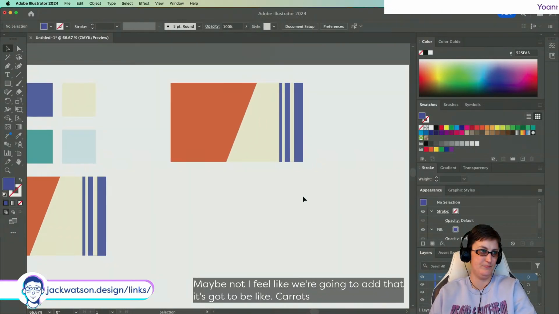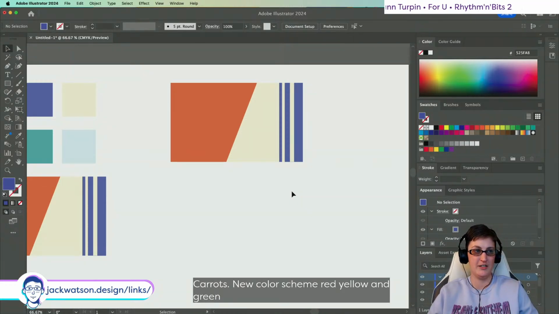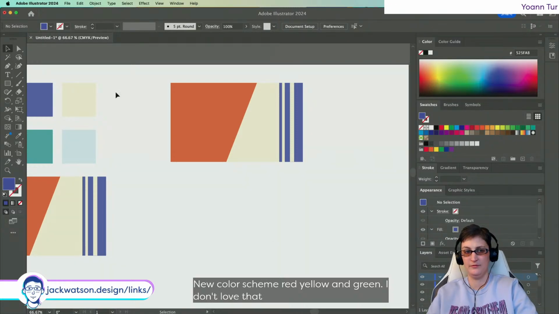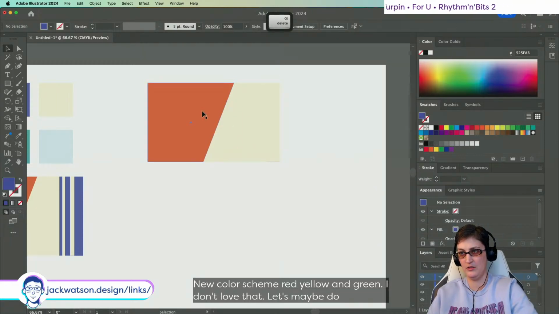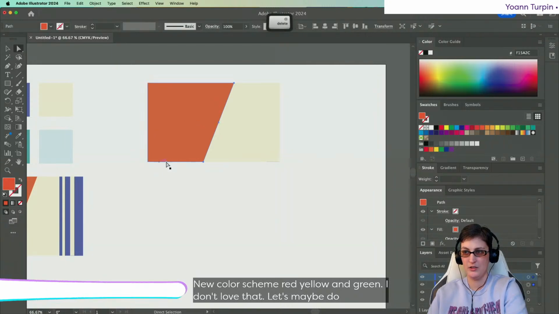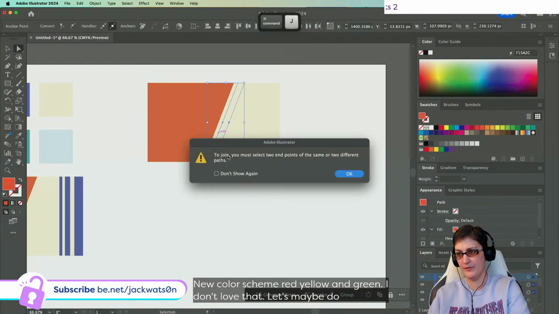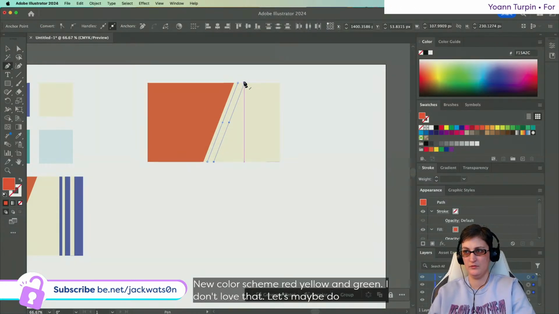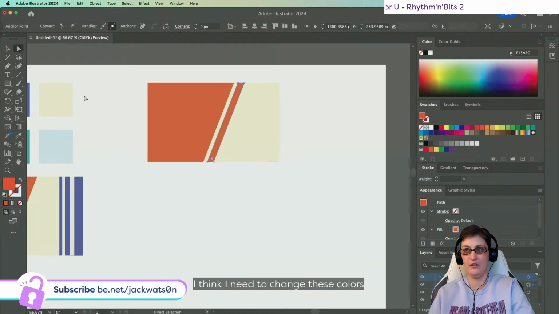New color scheme: red, yellow, and green. I don't love that. Let's maybe do... I think I need to change these colors around if we're gonna do this.